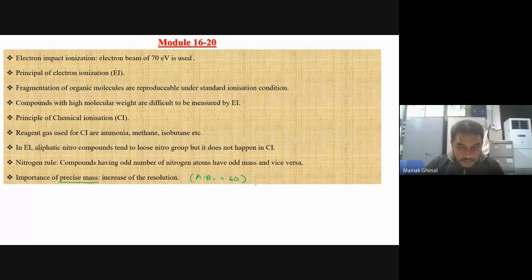So what do you mean by resolution? Anybody?